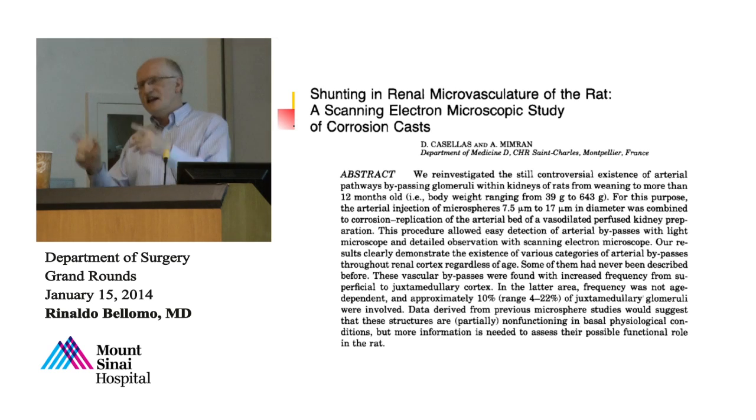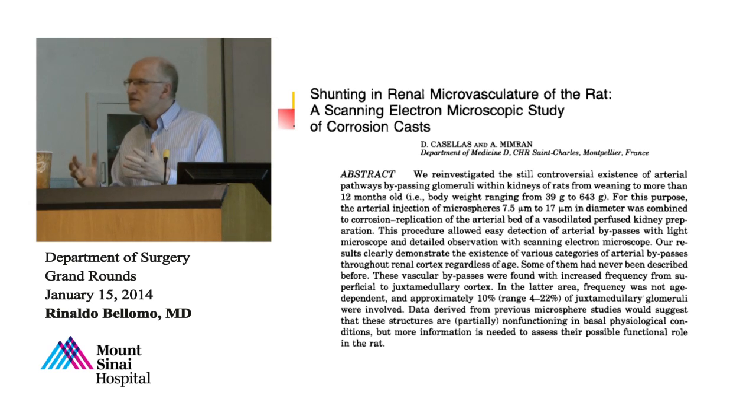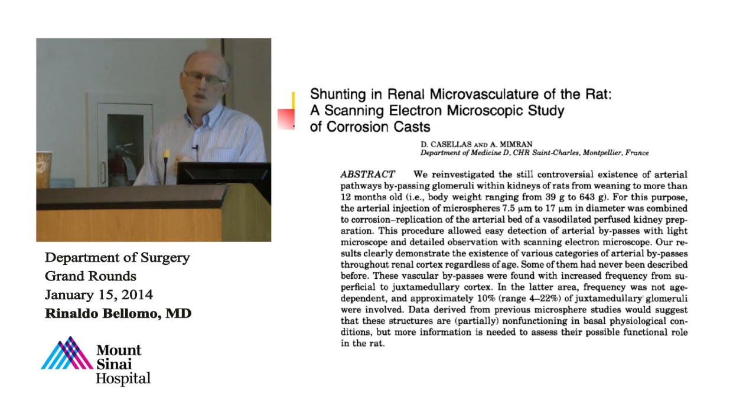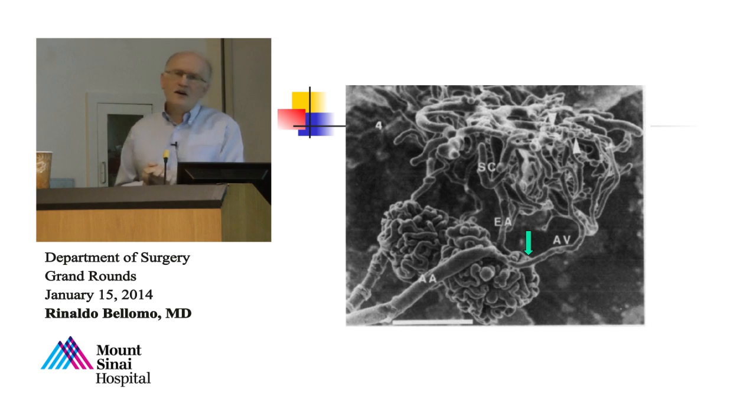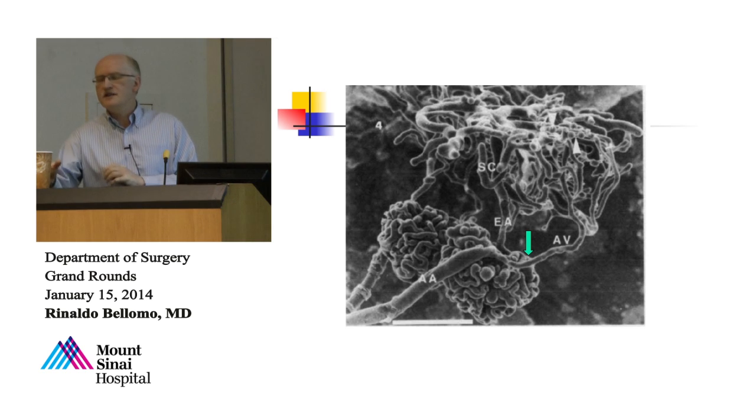Okay, hang on. Didn't we just learn in medical school that the glomerulus is the end point of the renal circulation? How can you shunt? Well, maybe the anatomy we learned at medical school is not true. There are now several studies published in the literature that show that there are shunt pathways in the kidney.